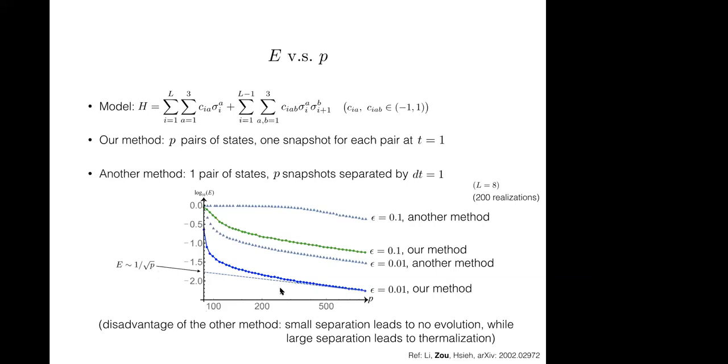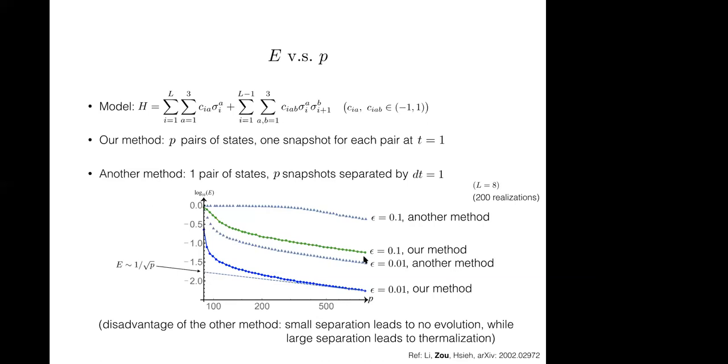So the intuition behind the disadvantage of the other method is the following. In the other method, they only have one pair of states, but they take many snapshots. So they want to make use of the many snapshots. Now the question is, what kind of time separation do they want to choose? If they choose the time separation to be too small, then there's basically no evolution between two snapshots, so they cannot get much information about the Hamiltonian.